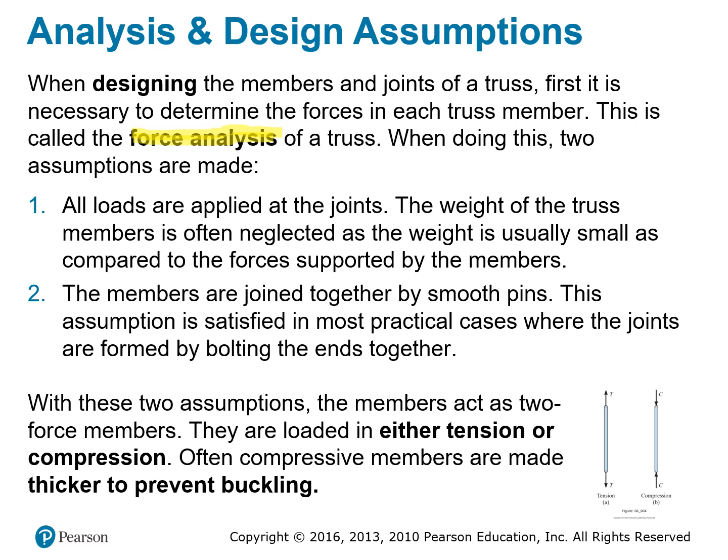And to do that, we make 2 assumptions. The first assumption is that all the loads are applied at the joints. We are also going to say the weight of the truss members themselves will be neglected. So we're going to ignore any of the weight of the members. This is reasonable if your load is mainly due to the external load.